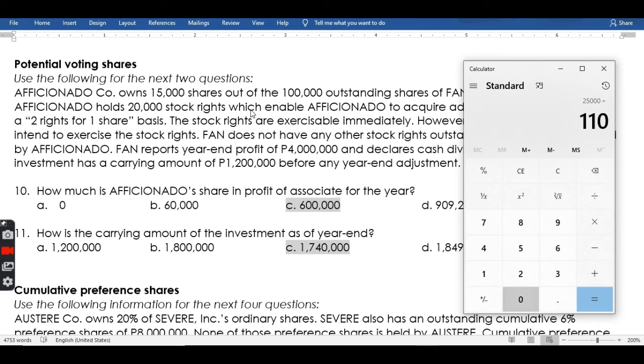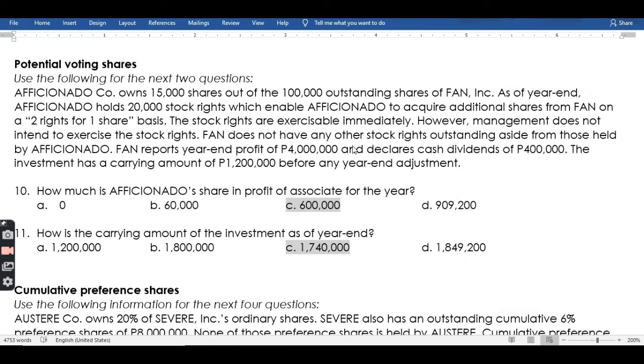Divided by 110,000 shares, this is about 22% or 23%. So you can now qualify as an associate. Therefore, with your potential voting rights, your investment in Fund becomes an investment in associate, so you can now use the equity method.